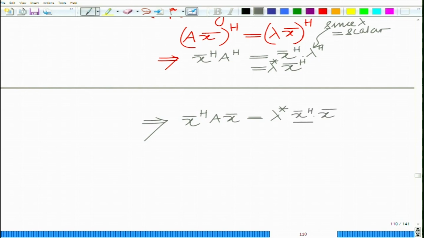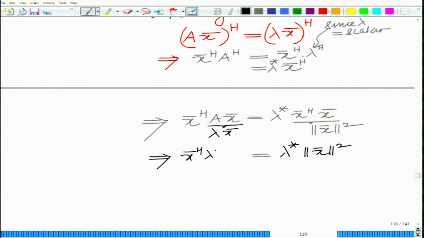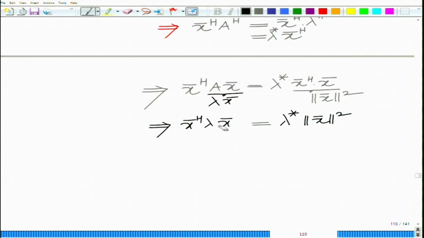But look at this, x bar Hermitian x bar is norm x bar square. So, this is equal to lambda conjugate times norm x bar square, and further A x bar equals lambda times x bar. So, this implies x bar Hermitian lambda x bar equals lambda conjugate norm x bar square.